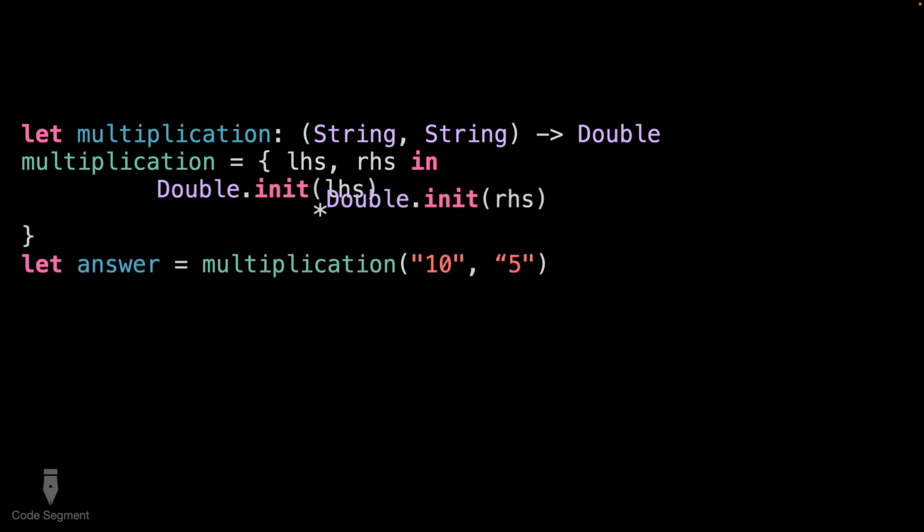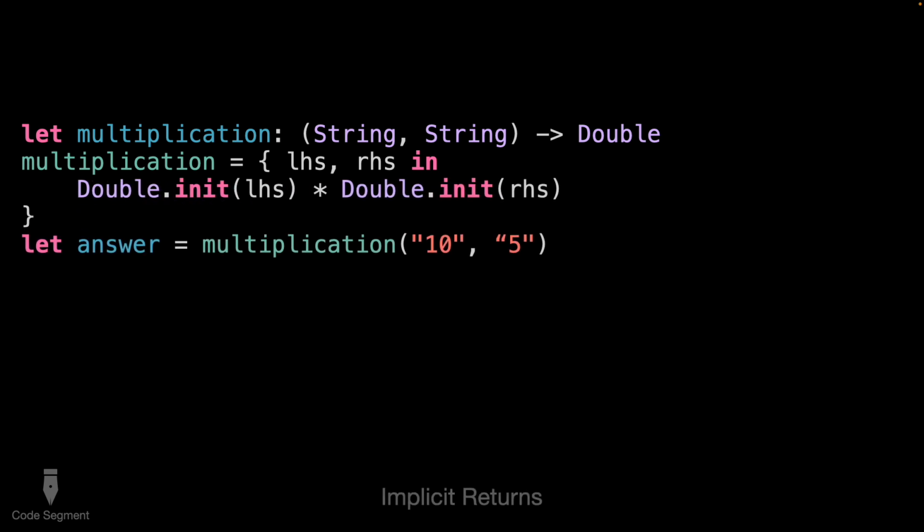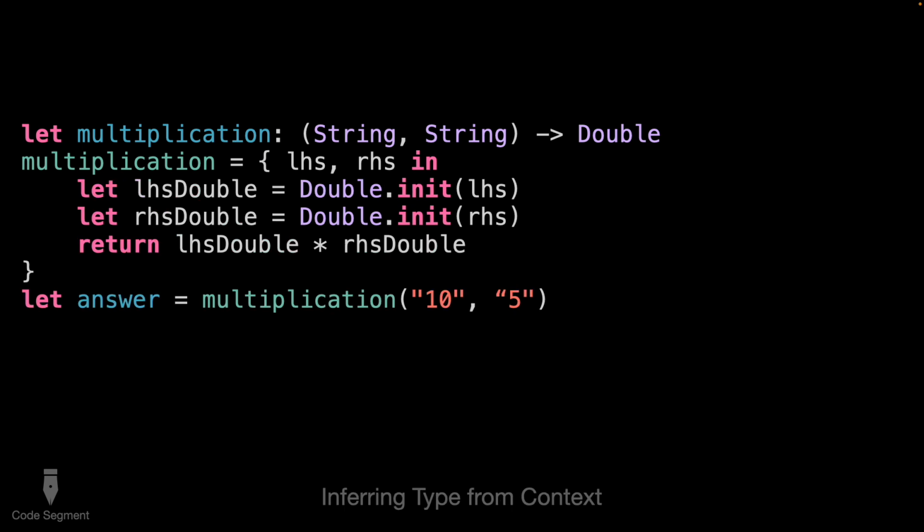Yep. So another thing we can do is have an implicit return. In a closure, if your closure is a single expression rather than a series of statements, it assumes that that expression evaluates to what you want it to return. So in this case, and here we can go back, we're returning LHS double times RHS double, right?